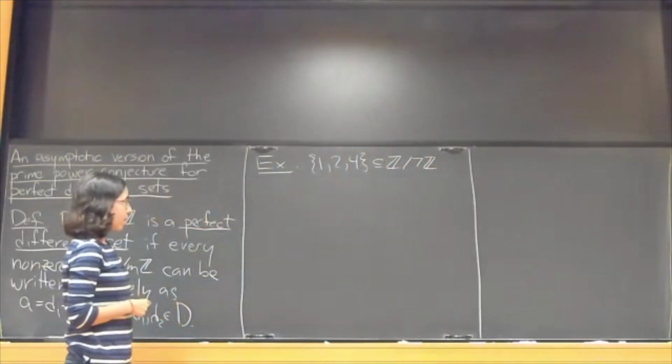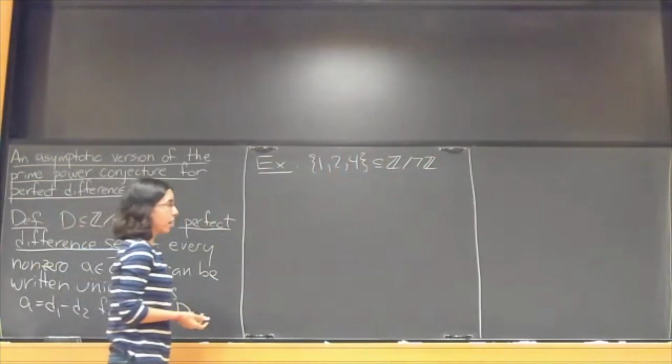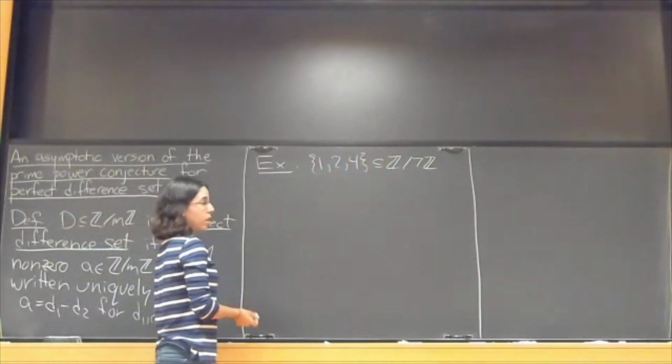So we care about these sets in additive number theory because they're examples of large Sidon sets.